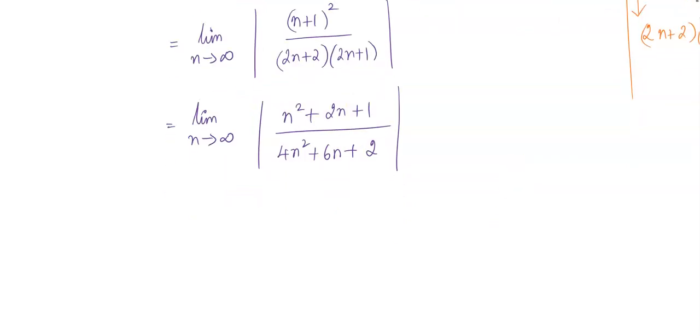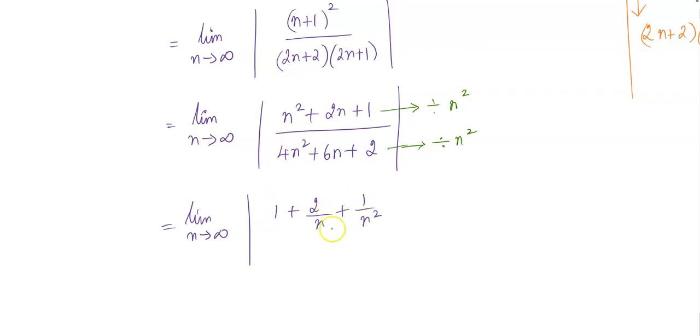Alright, now within the absolute value bar, remember to divide by n squared up and down. So what we get is 1 plus 2 over n plus 1 over n squared, right? For the 2n over n squared, the n and the n squared will cancel off, leaving us with one extra n at the bottom.